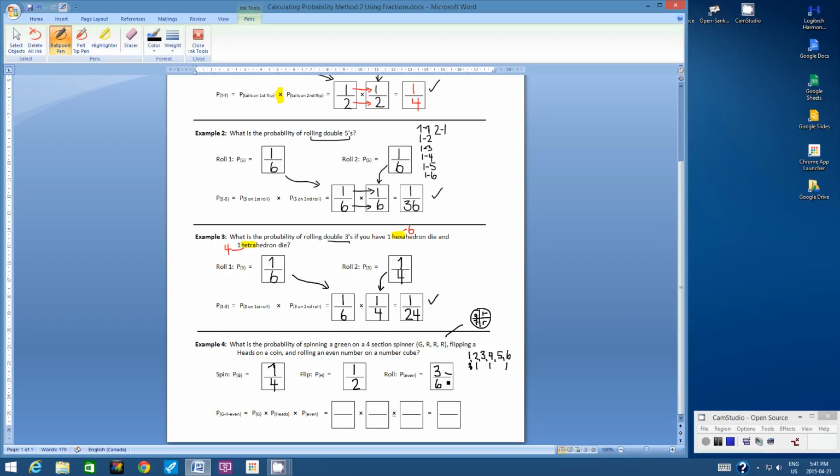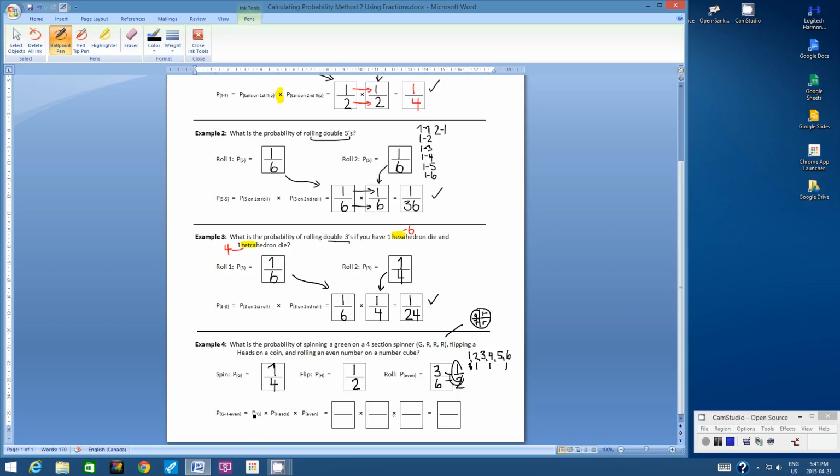But hopefully you recognize right away that 3 over 6 can be reduced to 1/2. Now you don't have to reduce the fraction here, but it's just going to let us avoid reducing later on. So it's probably a good idea to reduce right here when you can. Okay? All right. So what is the probability of getting green, heads, and an even number?